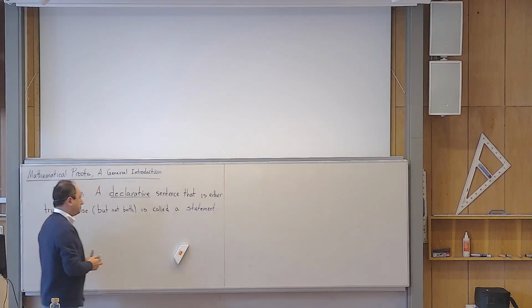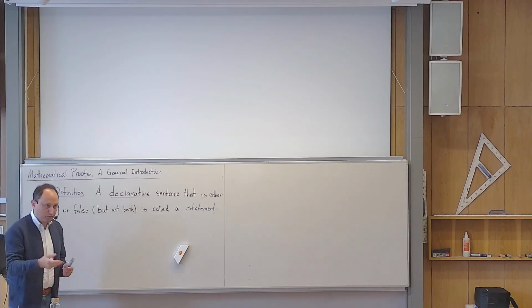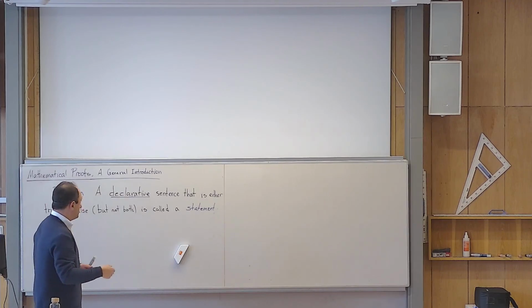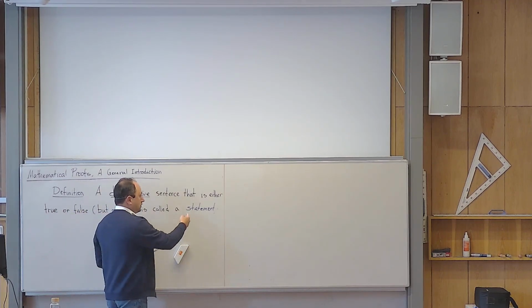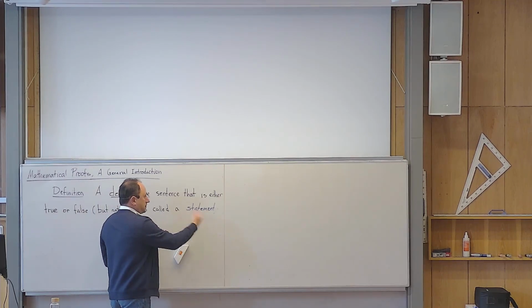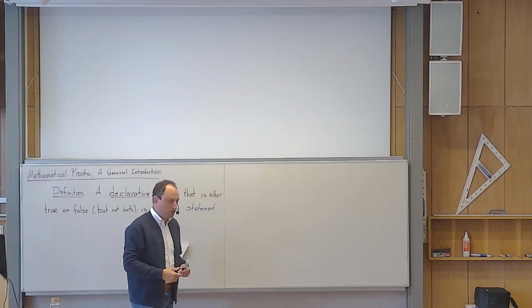Whenever I write definition in Math 3, Math 4, Math 5, wherever, it means that I am defining an idea or a thing or a concept for you, which will be useful. We need common terminologies so that when I say a statement while teaching, you understand what I mean. So I'm defining this word.